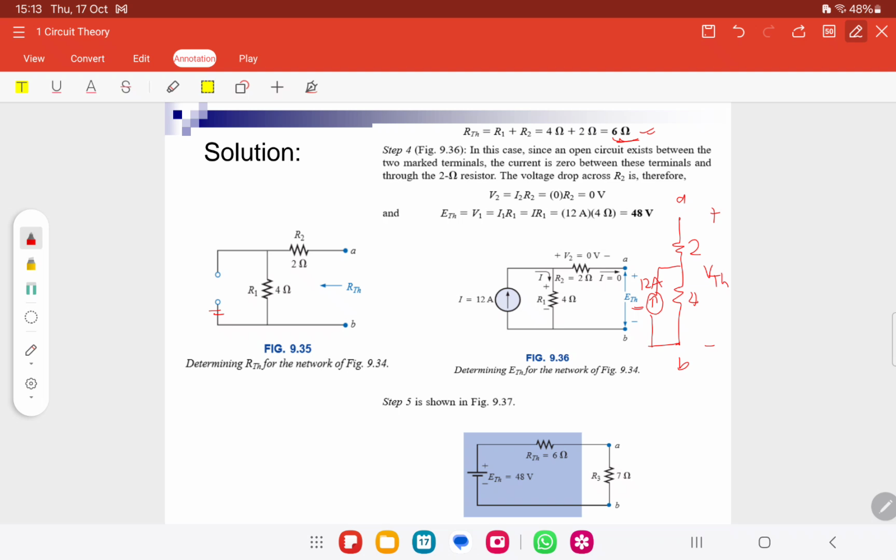Okay, 12 ampere. And then this one, kita boleh tahu V dekat sini. V equals to IR. So kita ada 12 ampere, 4 ohm. So V dia berapa?